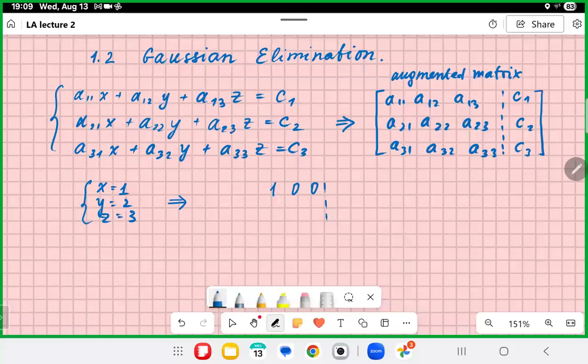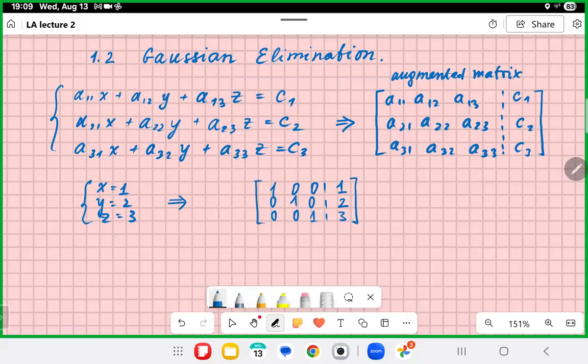And my right side over here is equal to 1. I'm going to copy y here, right? So there is no x, 0 in front of x, 1 in front of y, 0 in front of z, and 2 at the right side. And the last one, 0 for x, 0 for y, 1 for z, and 3 for the right side.